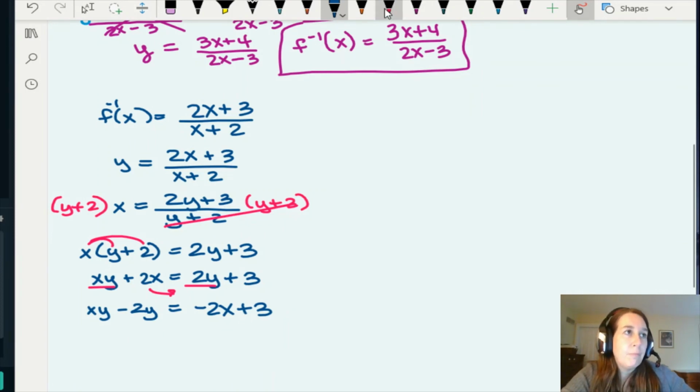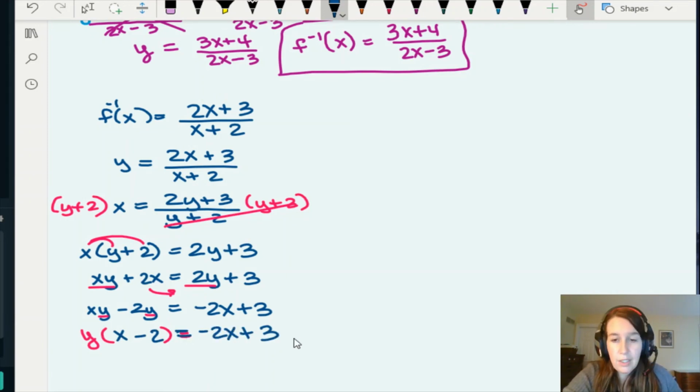All right, now you have to remember, what are you doing? Okay, you are trying to solve for y. So here are the two y's. So you're going to GCF factor them out the front. So if you divide y out of both these terms, you're left with x minus 2. On this side, you have negative 2x plus 3 still.